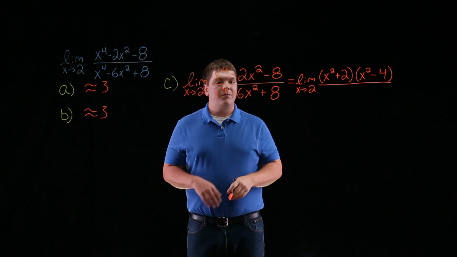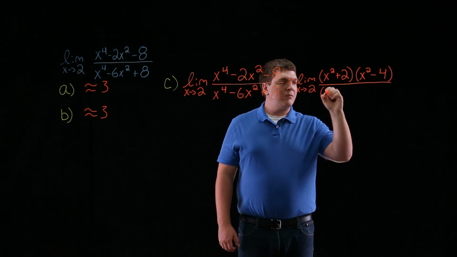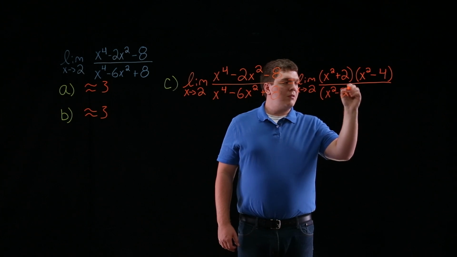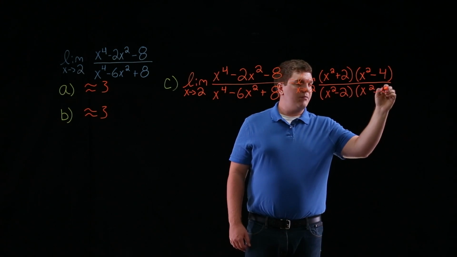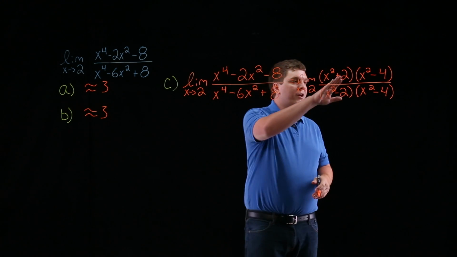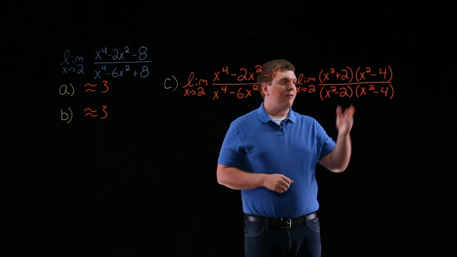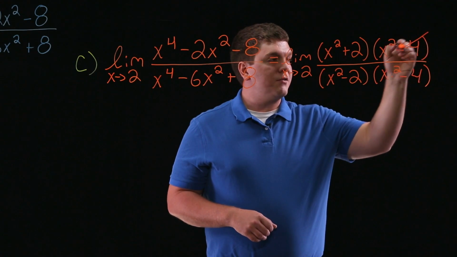And the denominator factors into x squared minus 2 times x squared minus 4. So from here, we see that both the numerator and the denominator have a factor of x squared minus 4. So these two factors will cancel.